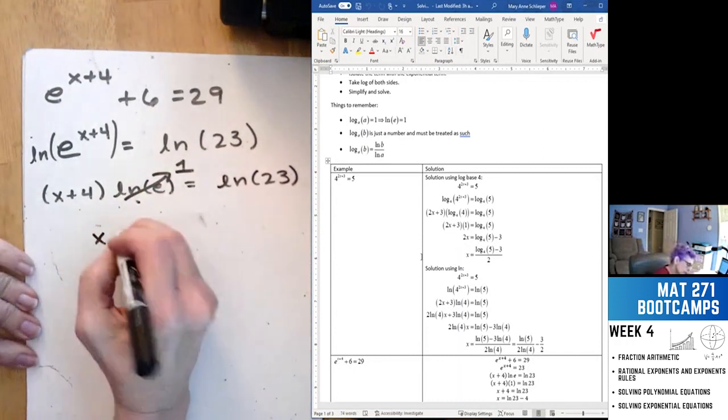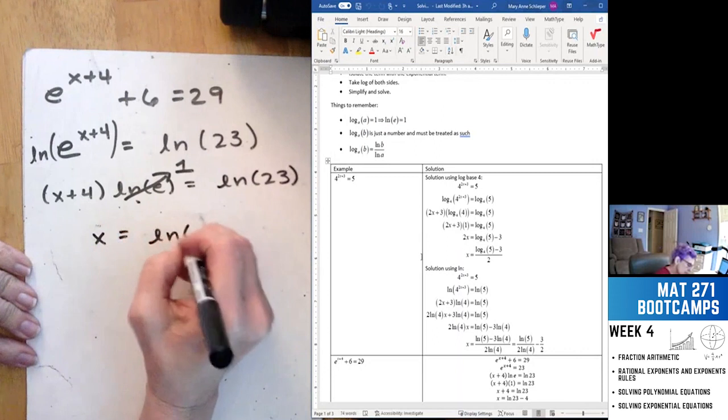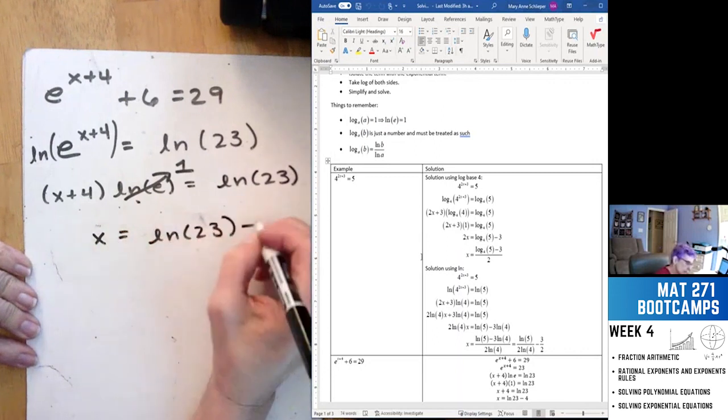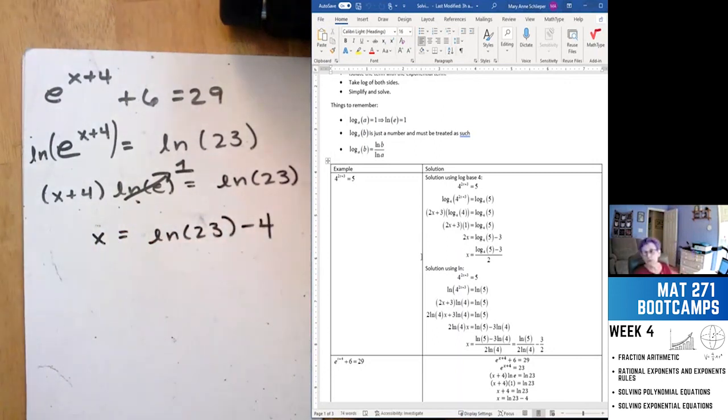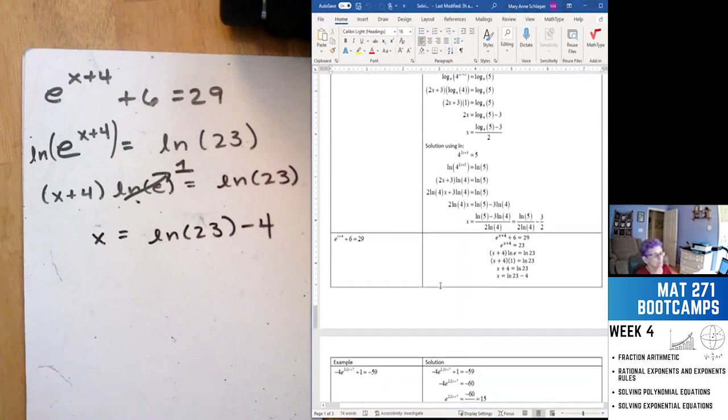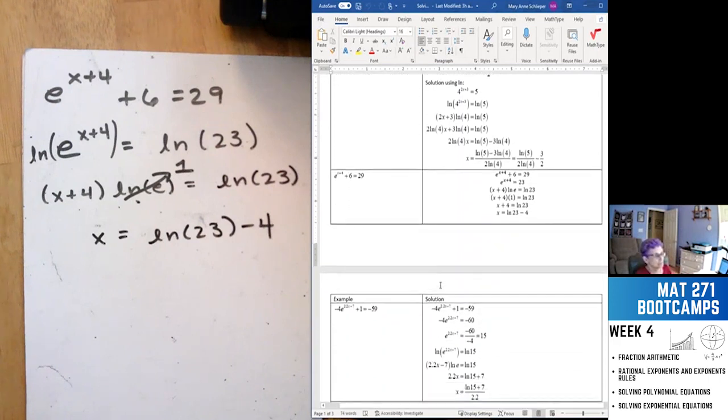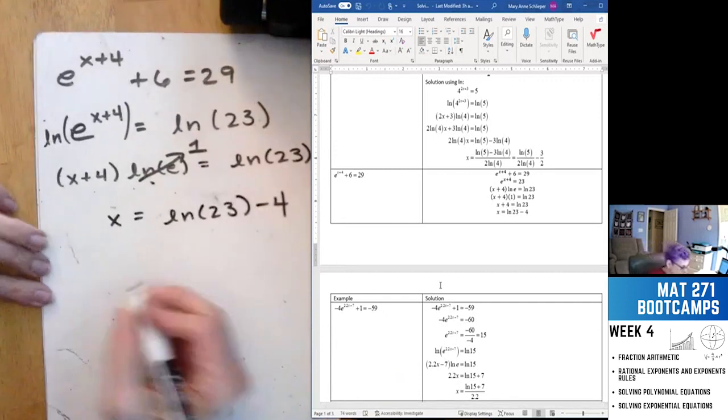So x is equal to the natural log of 23 minus 4. Easy peasy. Next one just adds one more little step to it.